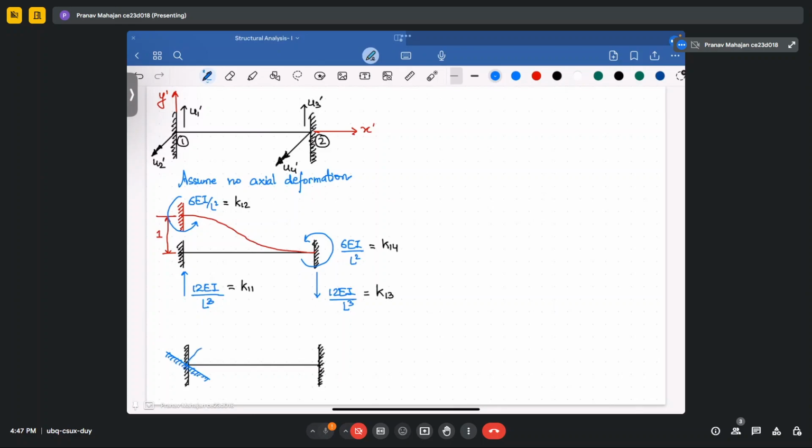When the unit rotation is provided, the beam no longer has zero slope at the end where the rotation is provided, whereas the other end will have zero rotation.